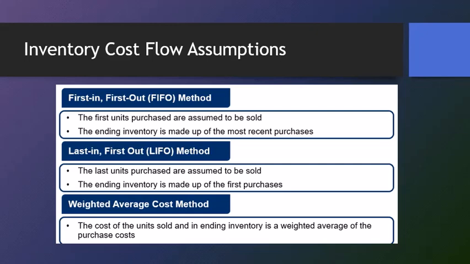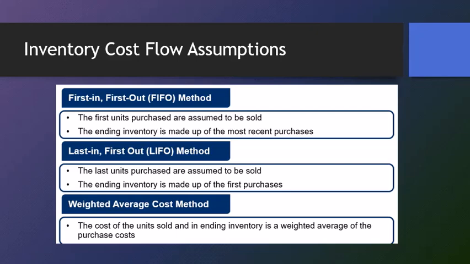All right. LIFO, or last in, first out, assumes just the opposite. It assumes that the last units purchased are the first units to be sold, meaning inventory is going to be made up of the cost of our first purchases. Okay, so inventory is going to be based on some pretty old purchasing numbers.